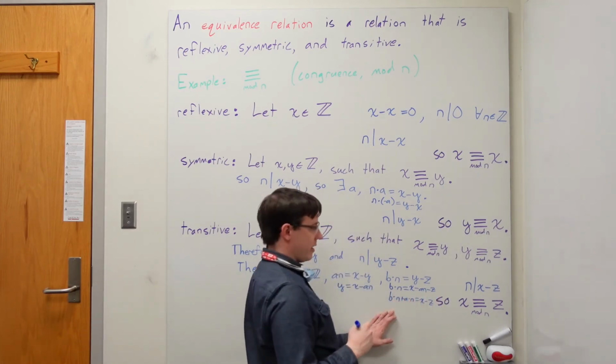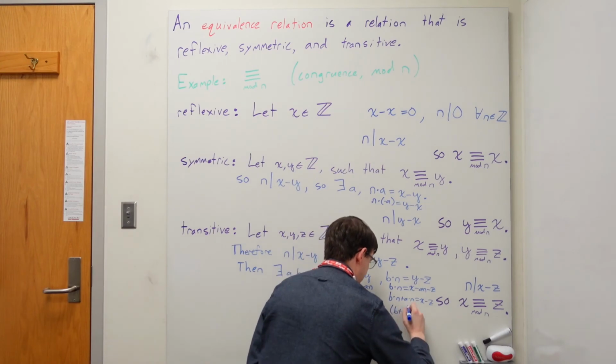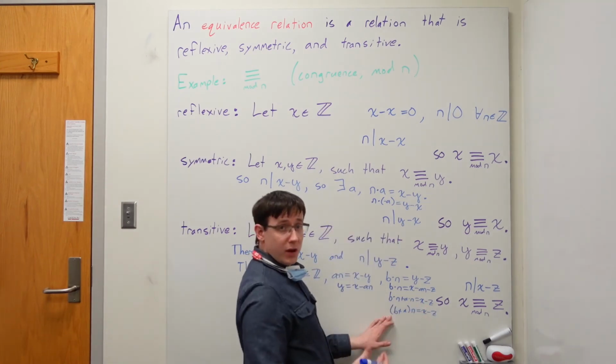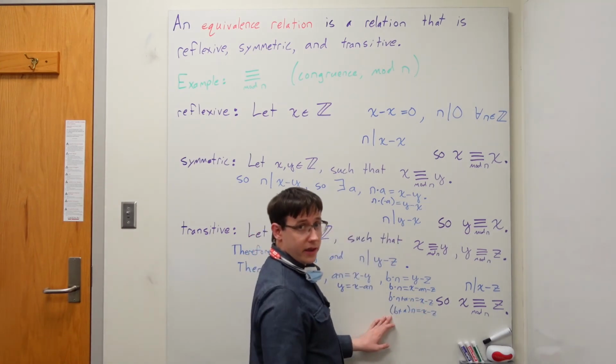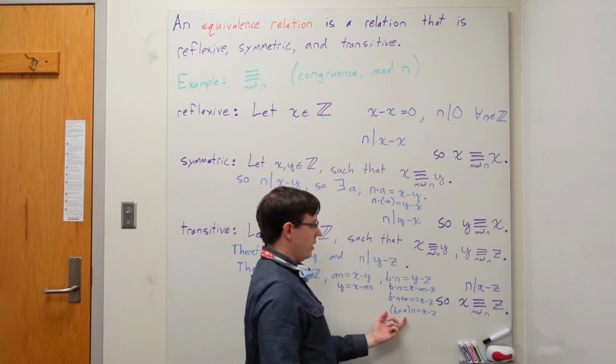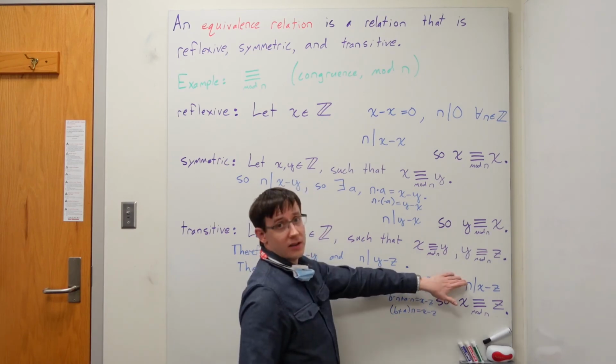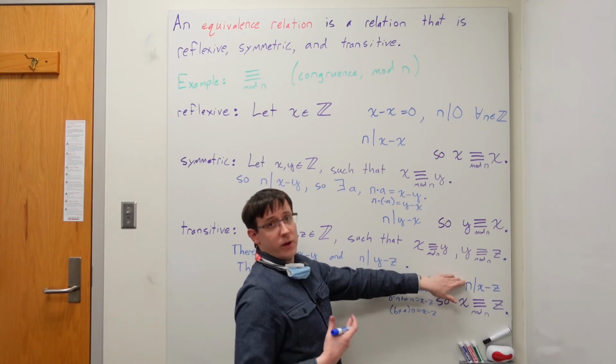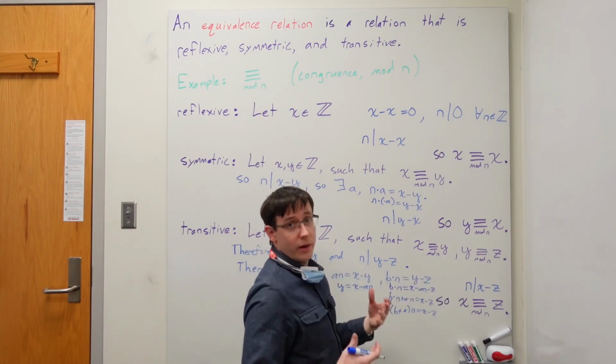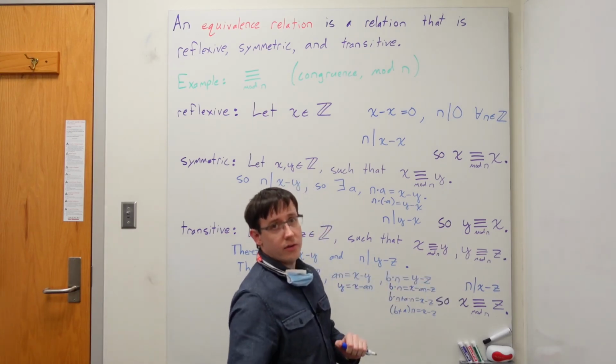And now we can factor out the n. And since a and b were both integers, a plus b is an integer, and we've shown that n divides x minus z, and from that we conclude that congruence mod n is also transitive.